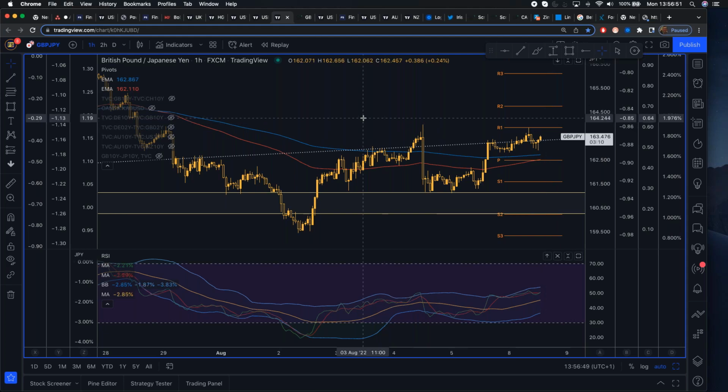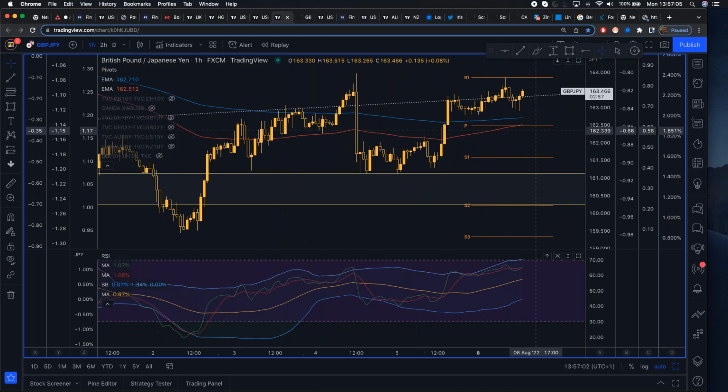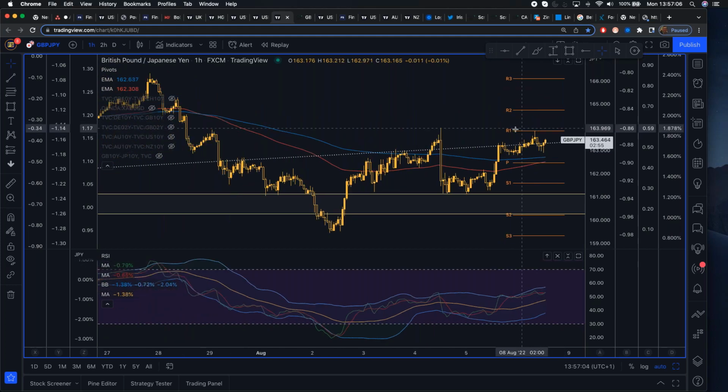Also, if we had anything more optimistic for the pound, we've got Rishi Sunak and Liz Truss both promising billions of pounds for the UK economy that could support the pound in the near term. So there are risks with this trade, but I just like the fact that, broadly speaking, the medium-term bias is downside for the pound yen, and risk can be nicely defined just above that 164, above that R1 pivot point for today.